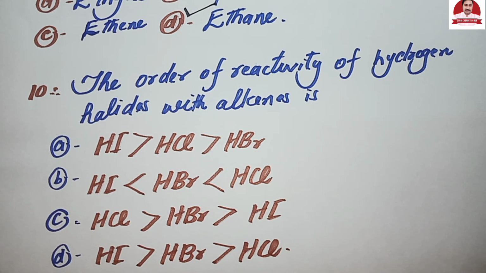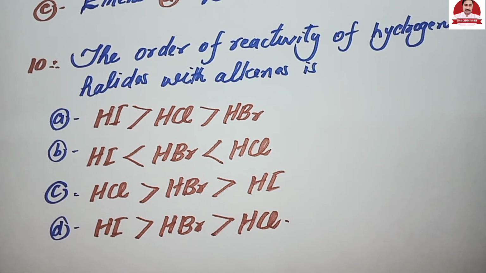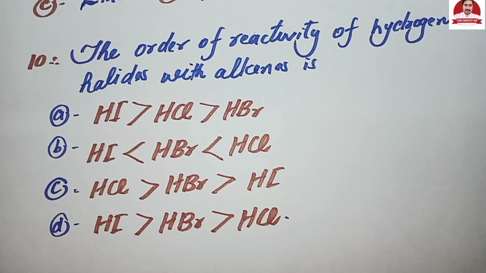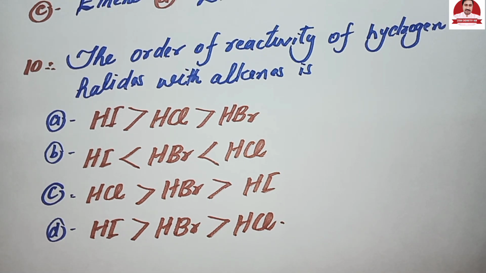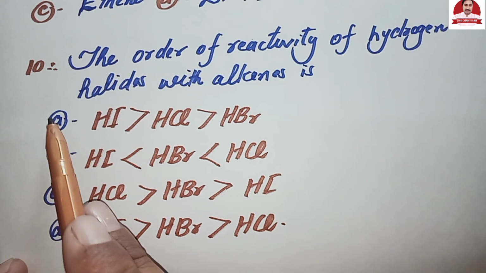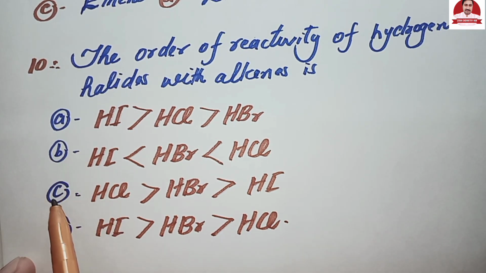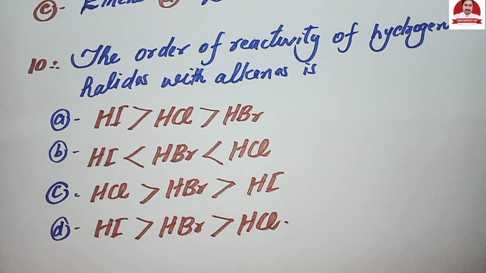Last question, question number 10. The order of reactivity of hydrogen halides with alkene is, there are four orders. Here you can see A option, B option, C option and D option.